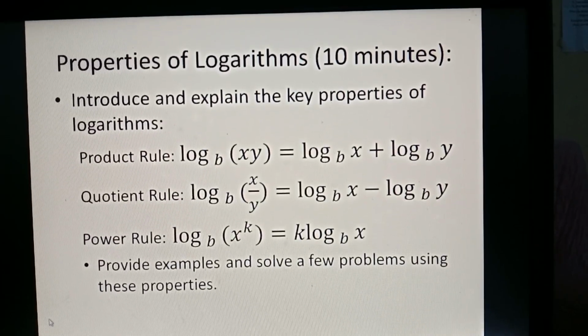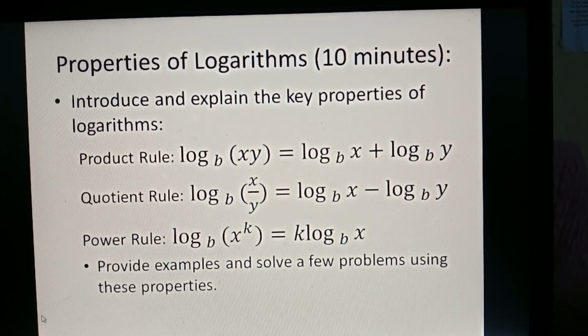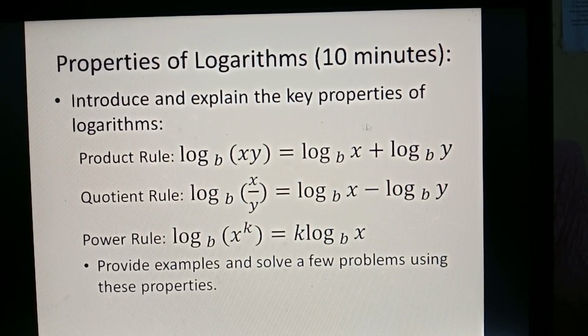Properties of logarithms, my dear teacher, will take 10 minutes. Introduce and explain the key properties of logarithms. The first one is product rule, where the logarithm of xy to base b equals logarithm of x to base b plus logarithm of y to base b.